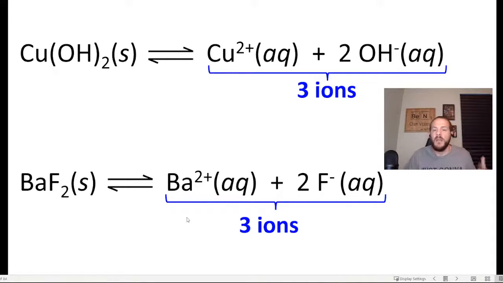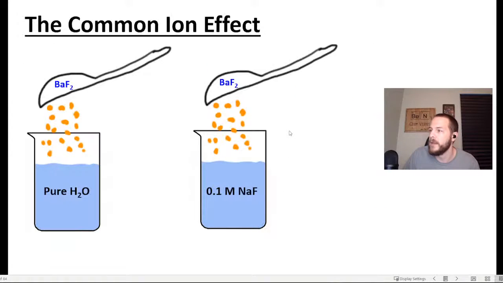They have the same dissolution stoichiometry. So the value of Ksp can only be used to compare relative solubilities between ionic compounds if their dissociation stoichiometry is the same. If not, you cannot use Ksp to compare the solubility. Hopefully that makes some sense, because we are moving right along.